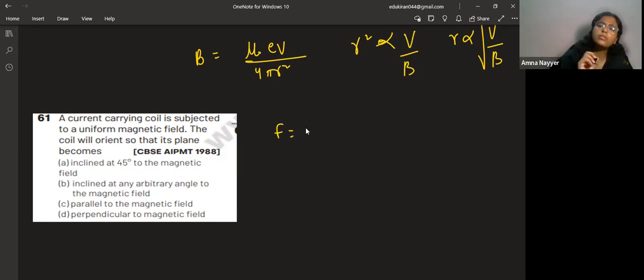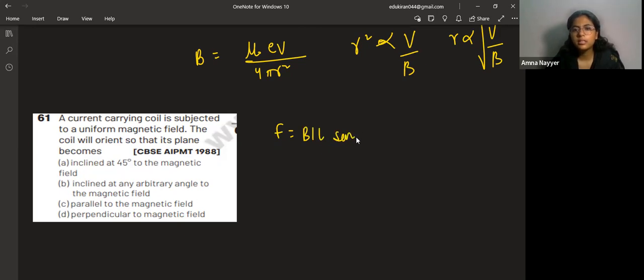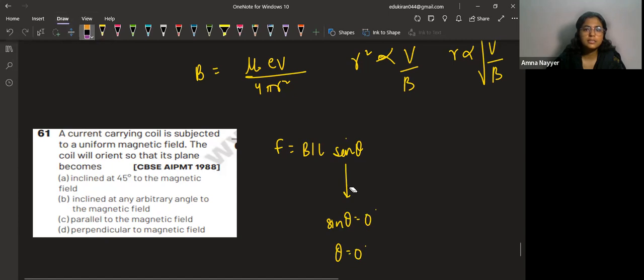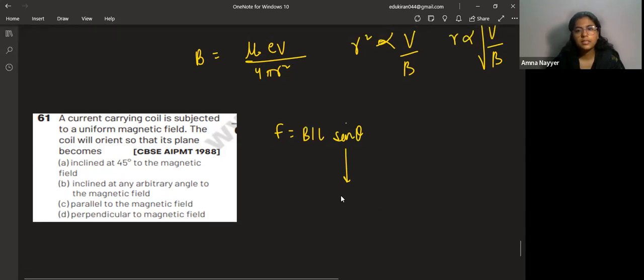Even if you use any of the angles, NIAB that you use for torque, or if you are using simple BIL sine theta, unless and until this sine theta is equal to 0, theta is 0 degree.